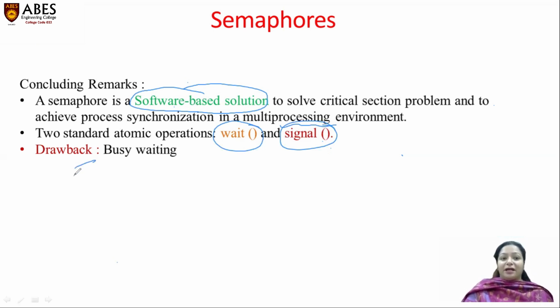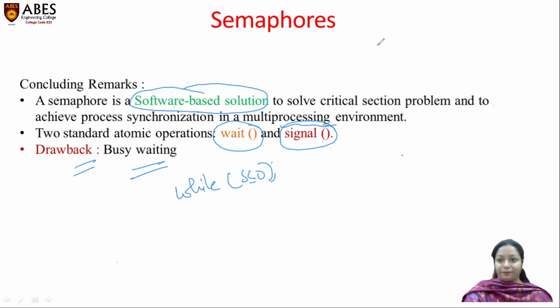And the major disadvantage of semaphores is busy waiting, means the process for which the while condition is always true is continuously looping around this while condition, spinning in this while condition. This scenario is called as busy waiting. We tried to modify the code of wait and signal operations to resolve the problem of busy waiting, but still we came across two more problems, that is deadlock and starvation.